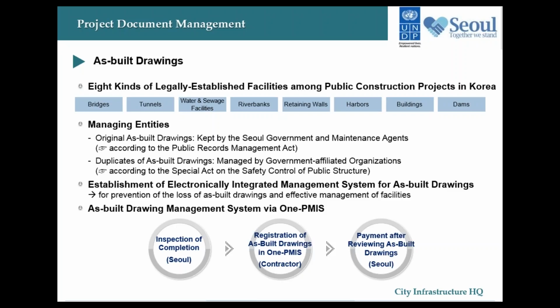It basically gets lost after a while. So with the OnePMIS now storing and managing all the as-built drawings of all of Seoul's construction projects, Seoul government is able to prevent any loss or duplication of as-built drawings and always make sure that they have the final versions of the as-built drawings.